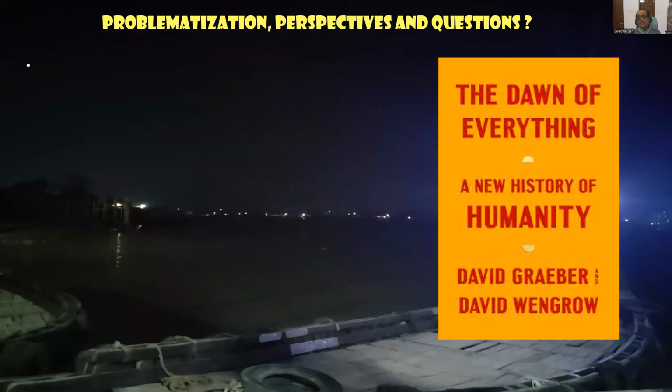But still, some of the arguments, which are mostly from archaeological perspectives, attracted my attention because I could compare or relate our problems and our thinking with the problems proposed by David Graeber and David Wengrow. For example, what is the idea of the city?